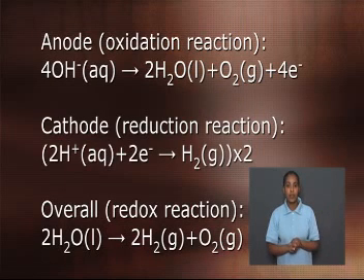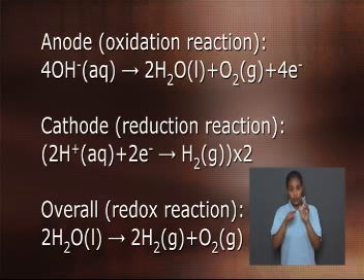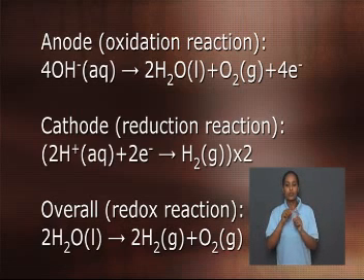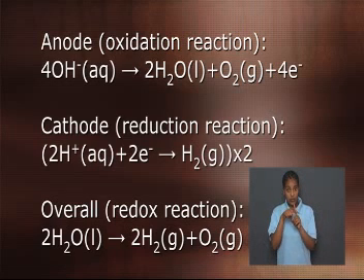In the case of electrolysis of a dilute sulfuric acid solution, when a potential difference is applied across the two electrodes, only H+ ions move towards the cathode. OH- ions and SO4 2- ions move towards the anode. At the cathode, H+ ions are discharged.